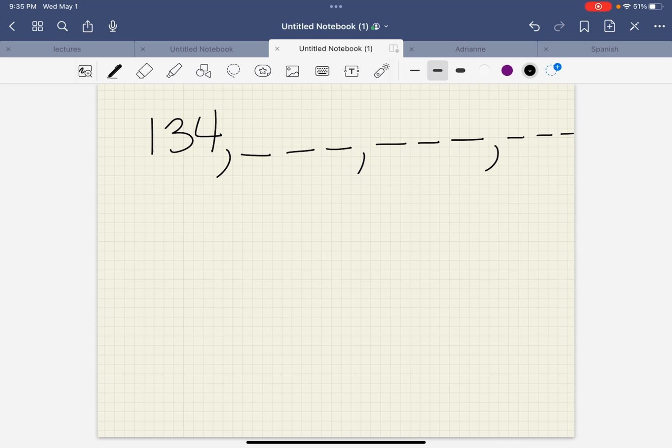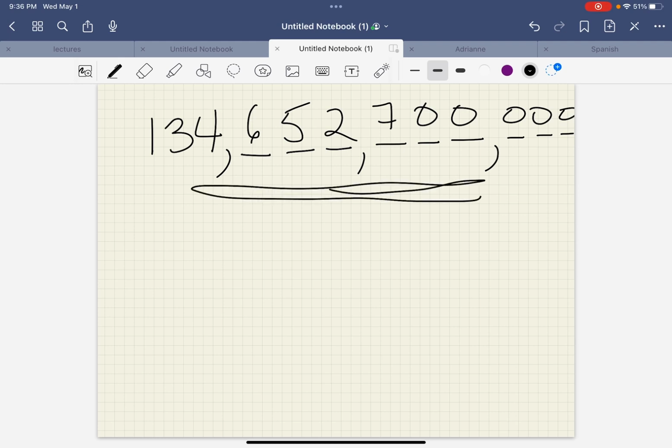So it's 134 billion, 652 million, so that goes here, 700,000, and there's nothing over here, so we put zeros for those numbers. That's why it's really helpful to put all of those little lines in here to know what the number is actually going to be.